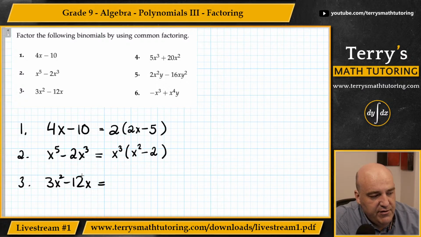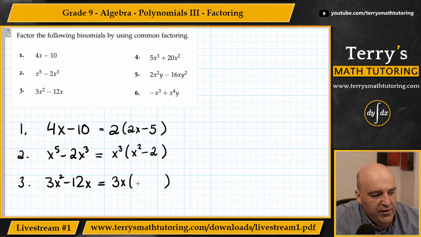GCD, greatest common divisor, that's 3. So we could pull out a 3. And then we look at the powers of x. We have x squared here, and here this is x to the 1. Even though there's not a 1 written there, we should know that there is a little 1 up there. And between 2 and 1, 1 is smaller. So we can pull out an x to the 1.